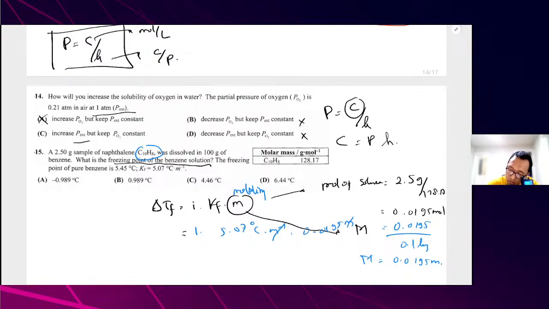We can cancel out the units. Then delta Tf is just the product of those values, and we end up getting 0.989 degrees Celsius. So the answer will be B.